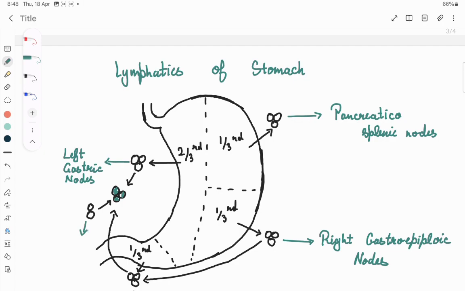This is the hepatic nodes. And the most important, where all the lymph flow goes, is the celiac nodes.